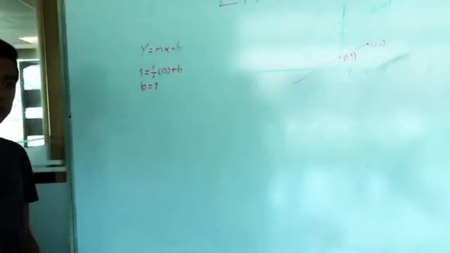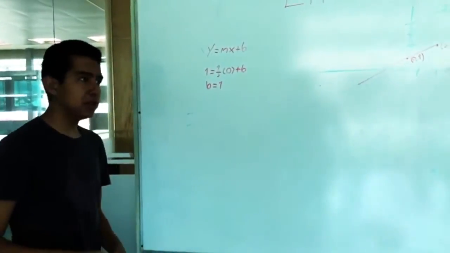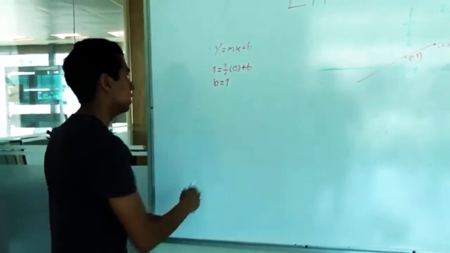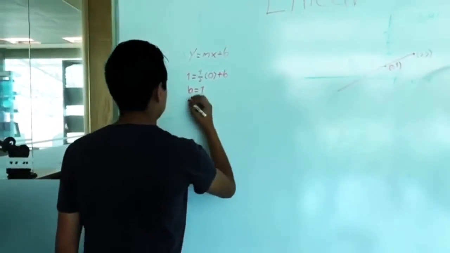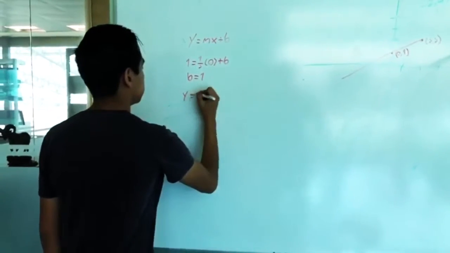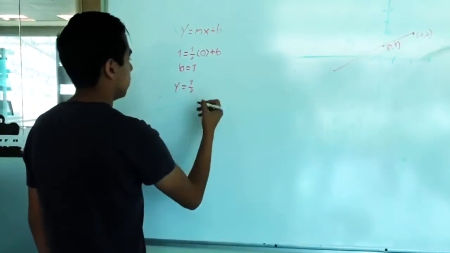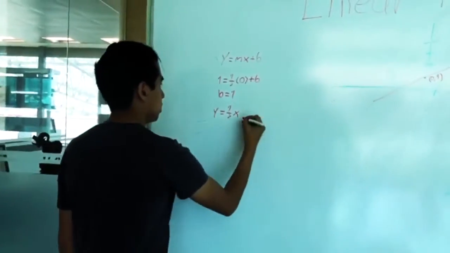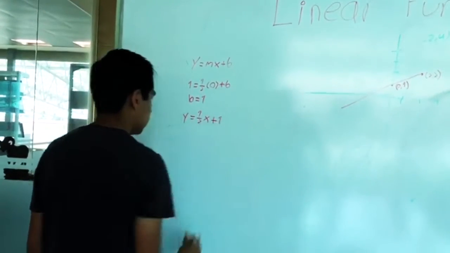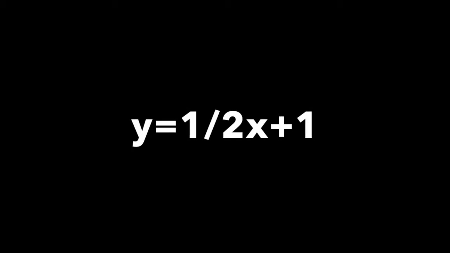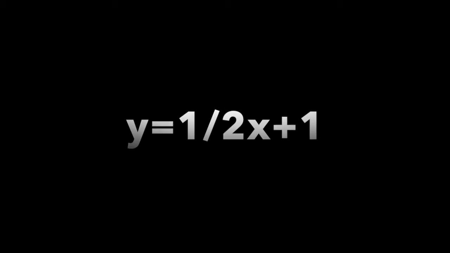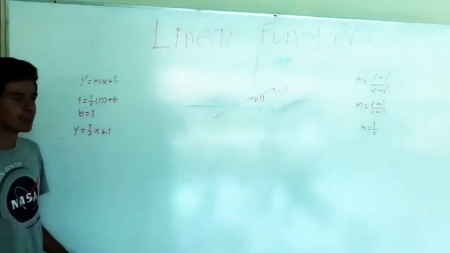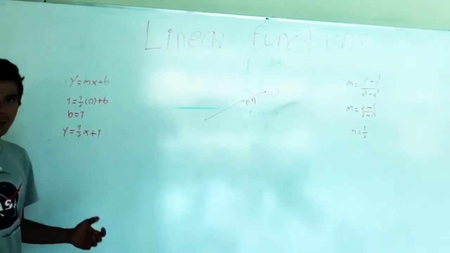Now we have all those points, we can already make the formula well constructed. So we can know y equals 1/2 x plus 1. And this would be the slope-intercept form. y equals 1/2 x plus 1. So now we need to get the general formula.